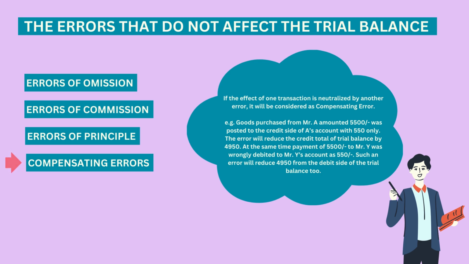The error will reduce the credit total of the trial balance by 4950. At the same time, payment of 5,500 to Mr. Y was wrongly debited to Mr. Y's account as rupees 550. Such an error will reduce 4950 from the debit side of the trial balance too.